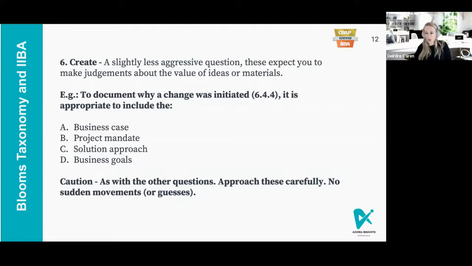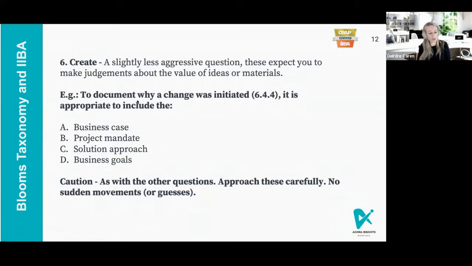So the reason why business case is the answer is around the language. So to document, remember, we spoke about techniques, and techniques in chapter 10 has a list of techniques that are referred to as techniques.